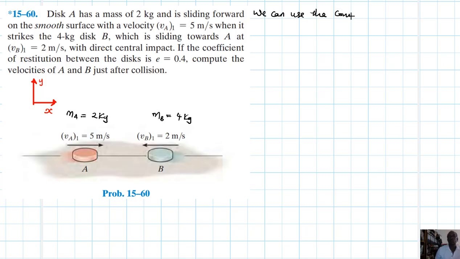the conservation of momentum. All right, so we do have here mA vA1 plus mB vB1 is going to be equal to mA vA2 plus mB vB2.